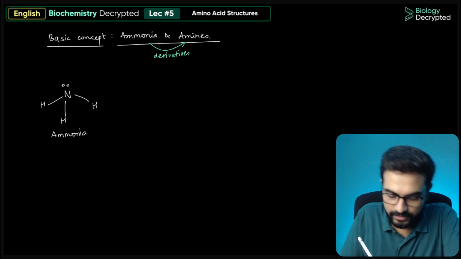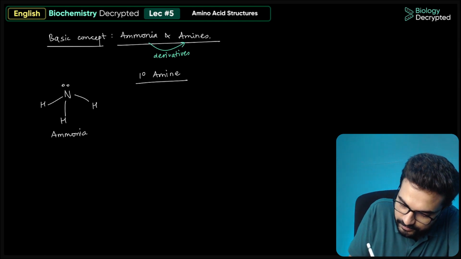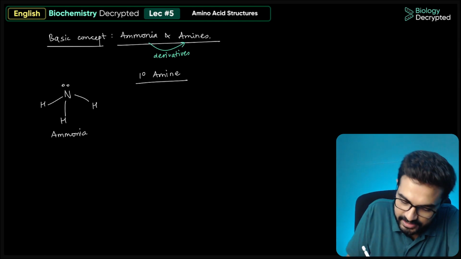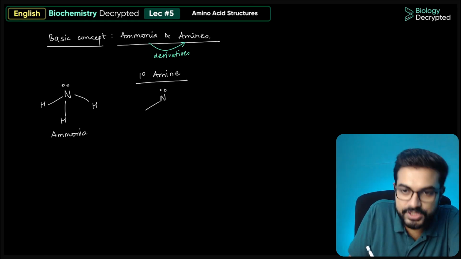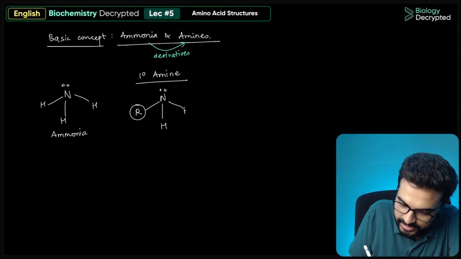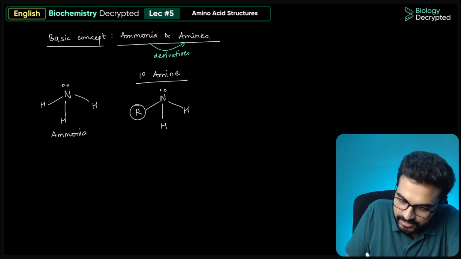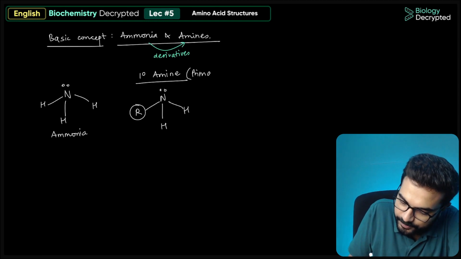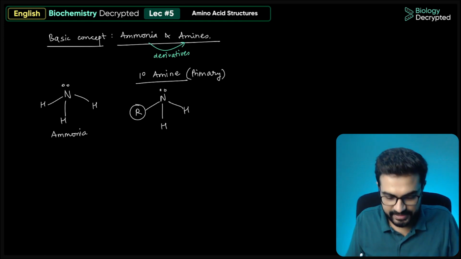Now, talking about the primary amine, what you do here simply is replace one hydrogen by an R group, and you will have hydrogens respectively. So this is your primary amine. As simple as that.